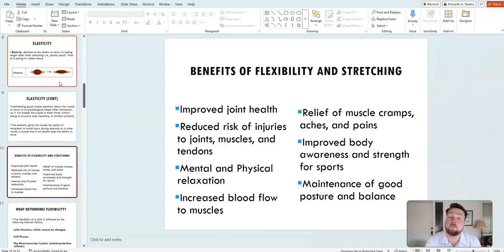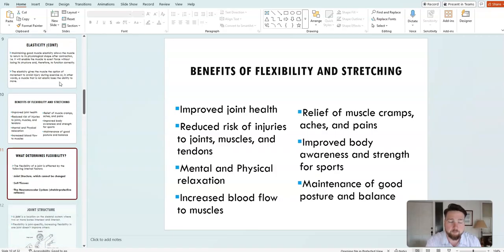It should be more relaxing. It helps release that stress going on. So these are benefits when it comes to including stretching exercises that will enhance your flexibility.